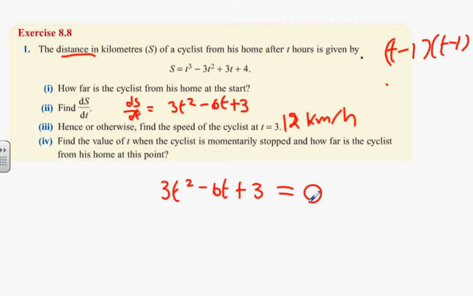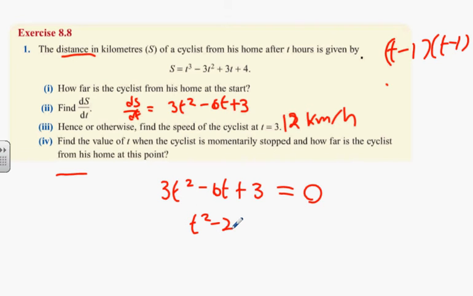Now, t squared minus 2t plus 1. We actually already solved this earlier, didn't we? t minus 1 and t minus 1, t equals 1. Now the next thing they're asking is, how far from home are you at this point? How do I find that out?